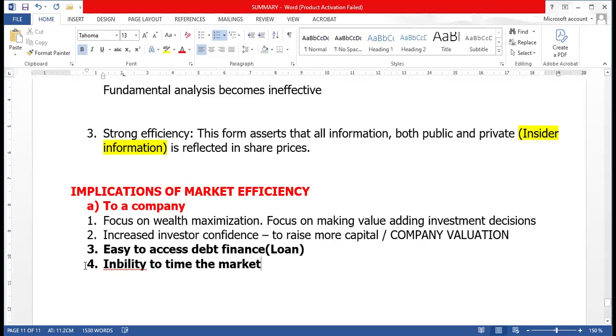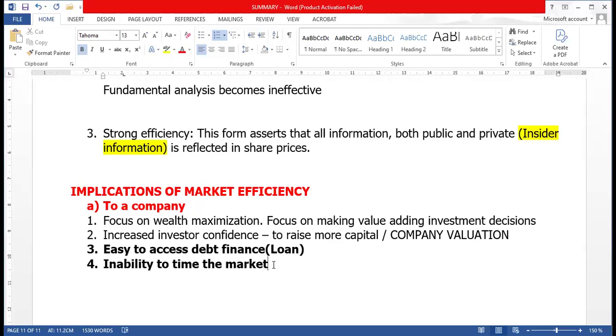In a way that you as a company cannot issue a security at the perfect time. Some people normally first wait, and when they see things are okay, they issue a share or bond, which may not even add any value in this case.